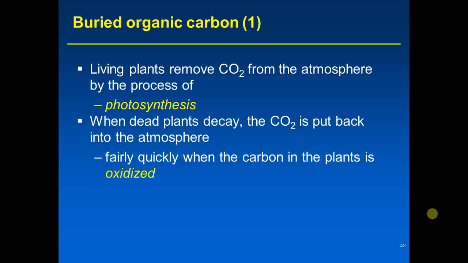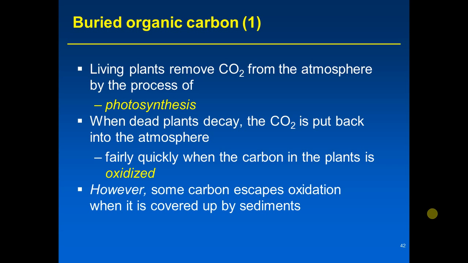Okay. But some carbon in the plants escapes oxidation when it's covered up by sediments. So not all of the carbon in the plants is immediately oxidized and put in the atmosphere as carbon dioxide. Okay? Some of it gets covered up, it gets hidden from the atmosphere.